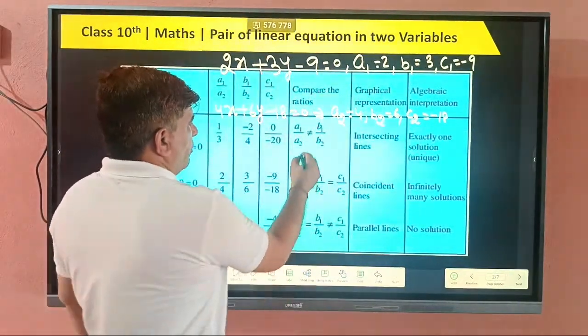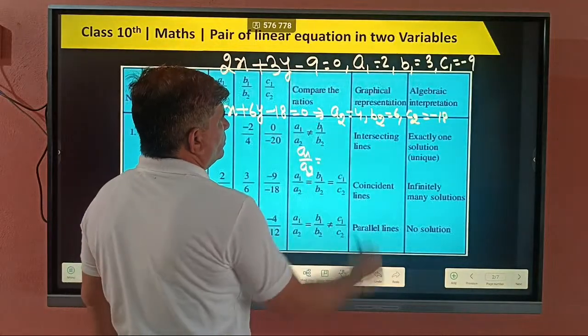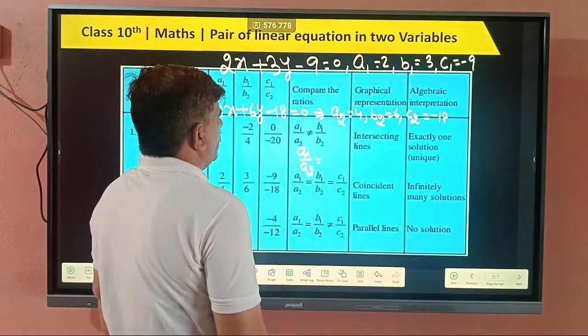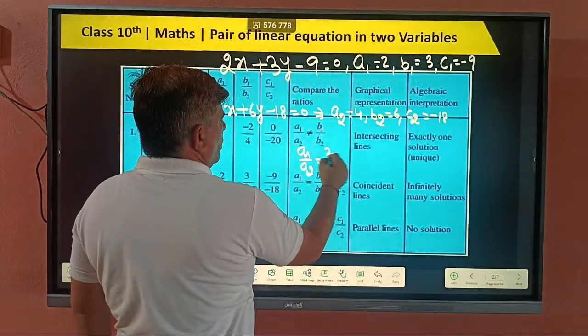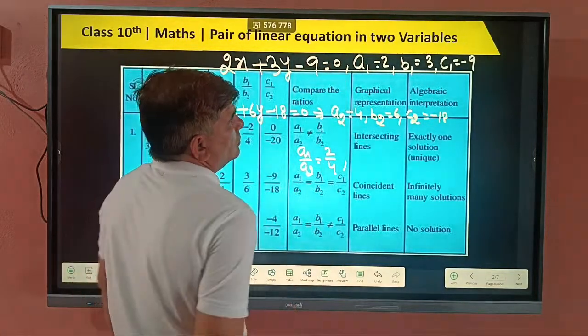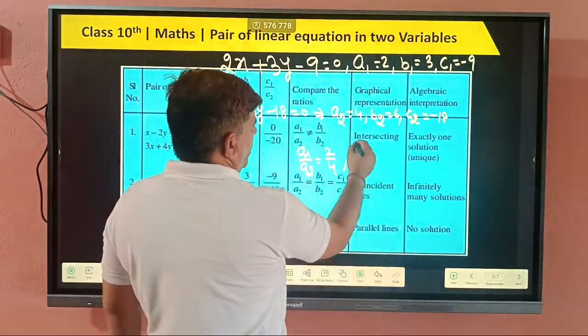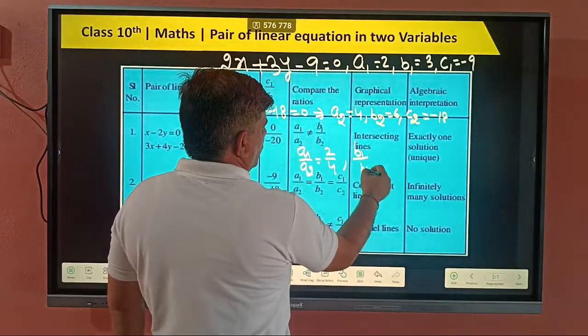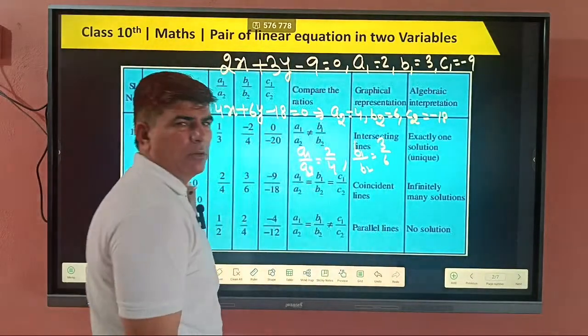So what's your A1 by A2? A1 is 2, so 2 by 4. What's your B1 by B2? 3 by 6. If you look, both are equal.